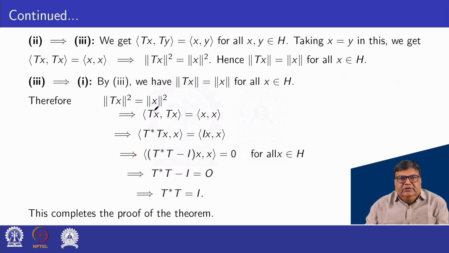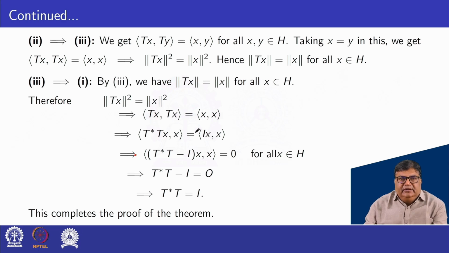So this is the inner product of Tx, Tx equal to the inner product of x, x. As per the definition of the adjoint operator, this can be written as the inner product of T star Tx, x equal to the inner product of Ix, x, since x can be written as Ix.